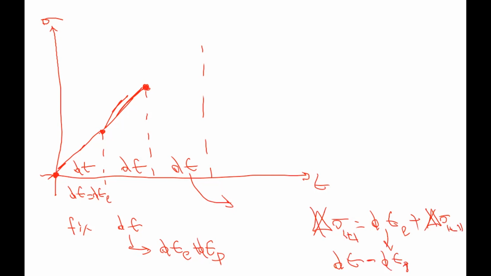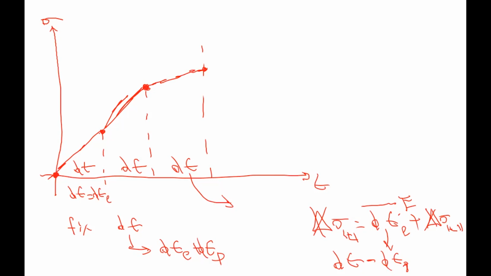Since we have plastic strain right now, we are decreasing our elastic strain. Then once you multiply this decreased value with Young's modulus, you will get a lesser value than the previous value. Then the curve will be bent like this.